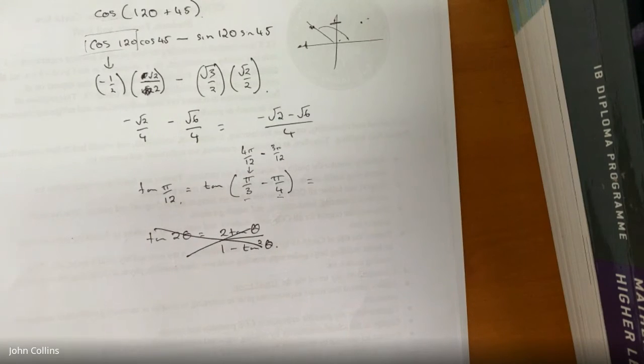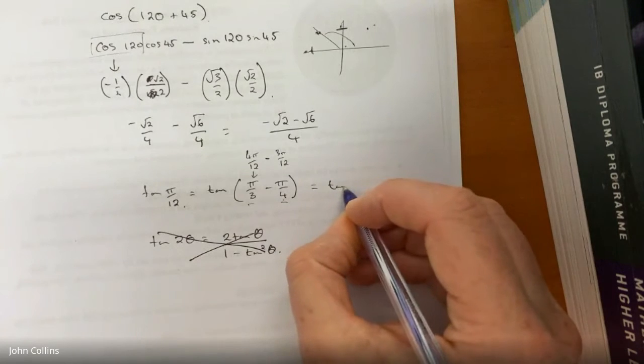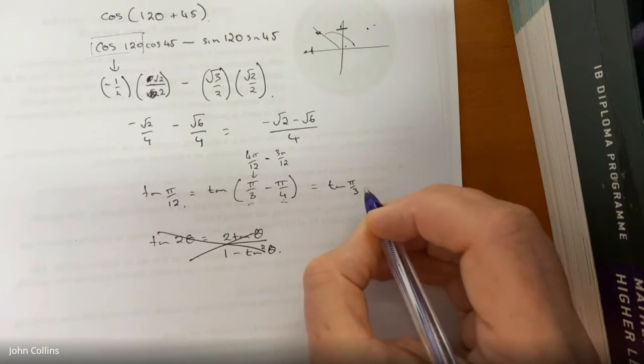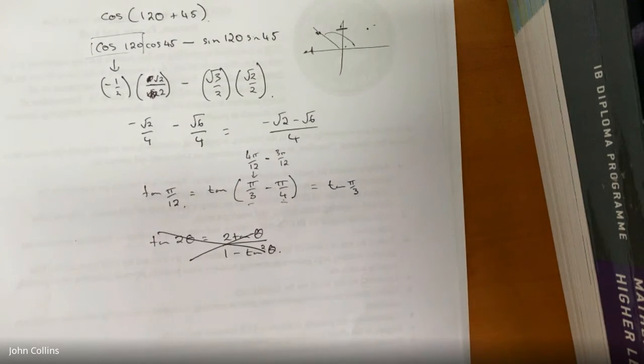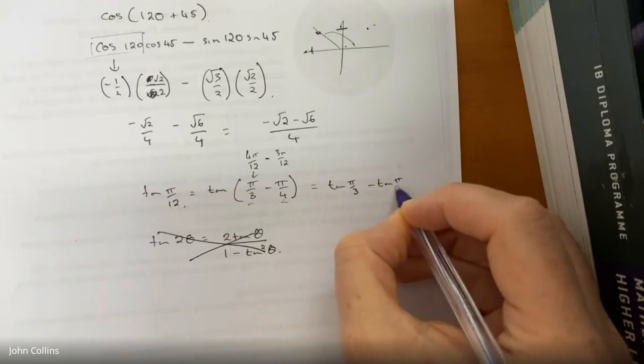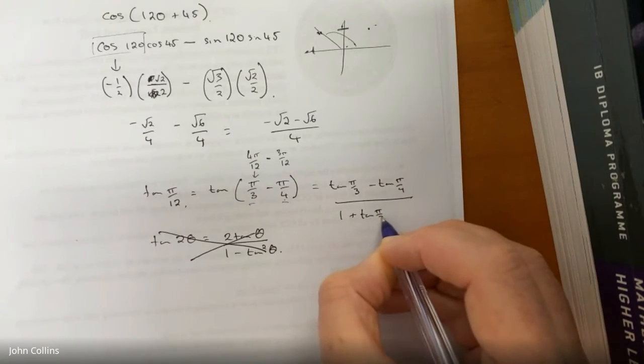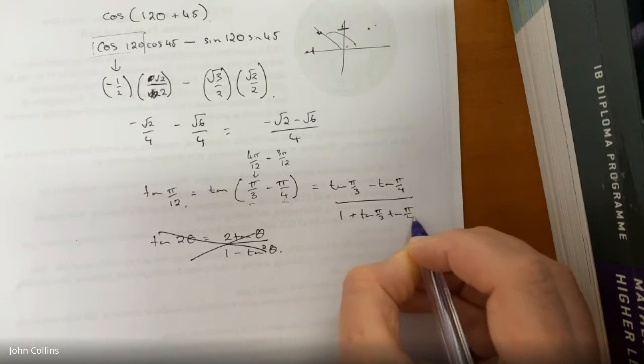So I was just trying to think of two angles I know for sure to make pi over 12. So from here, I use that identity which says tan A, so tan the first one, this is minus, so it's going to be minus tan B, minus tan pi over 4, all over 1 plus tan pi over 3, tan pi over 4.